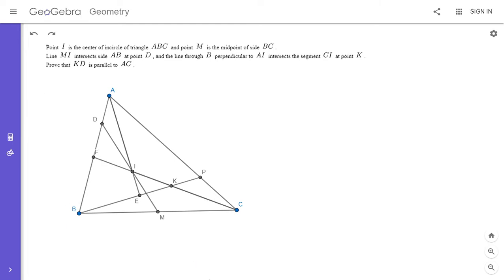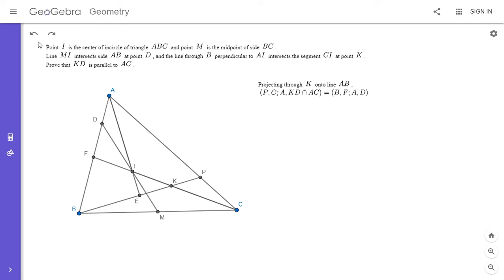Since I'm projecting point C through K onto line AB, I'm going to let CI meet AB at point F. Now when we do the projection, we take the cross ratio PCA and whatever this intersection point KD intersect AC is, which we want to show is the point at infinity but don't know yet.